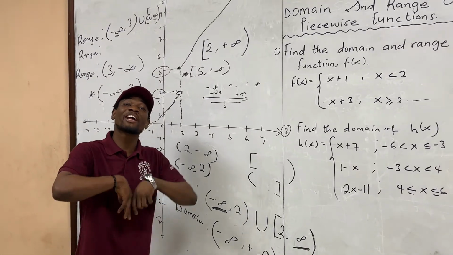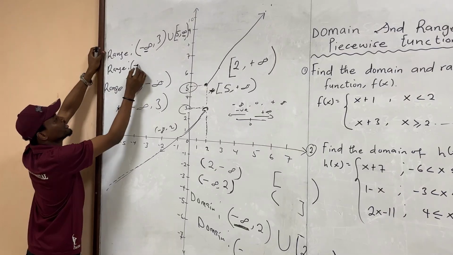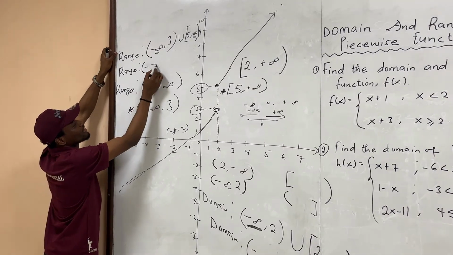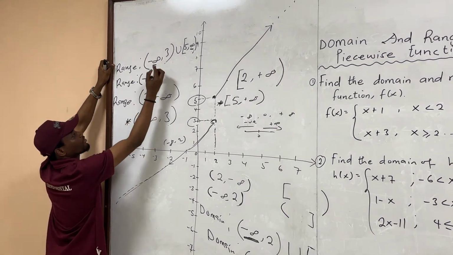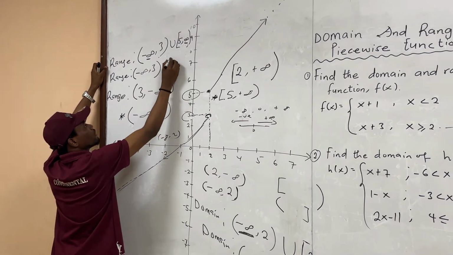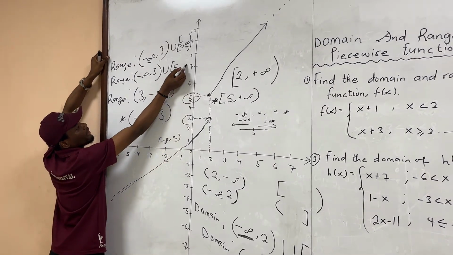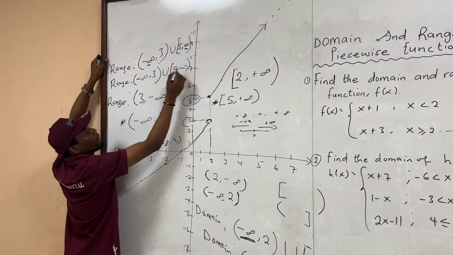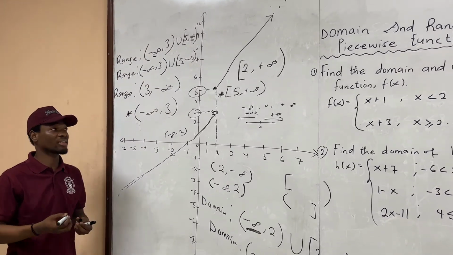So viewers, the range is negative infinity to 3, union 5 to positive infinity. Viewers, this is the range of the function, as simple as that.